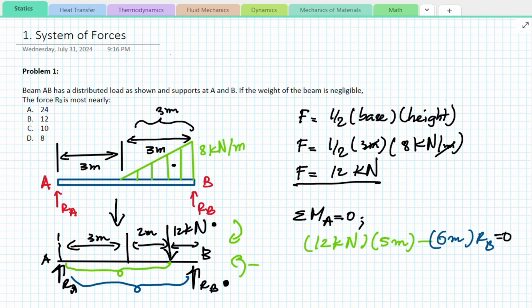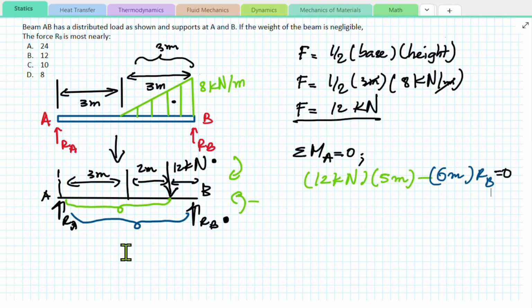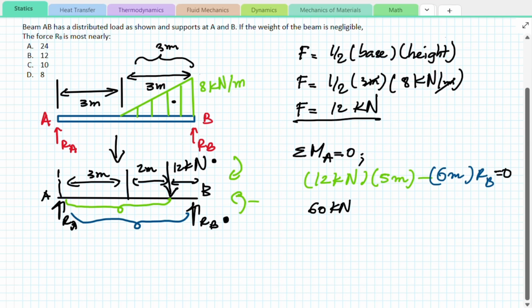Okay, so putting these numbers in the calculator yields 60 kilonewton meter minus 6 meter RB is equal to 0. 6 meter RB will be equal to 60 kilonewton meter, and we see how the meters cancel each other out.